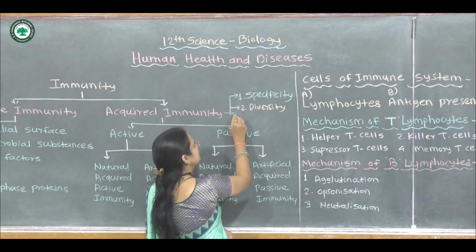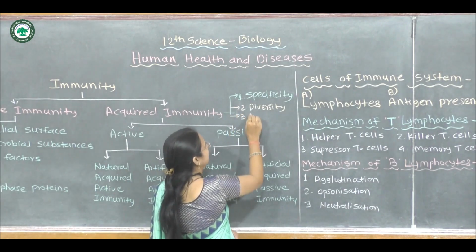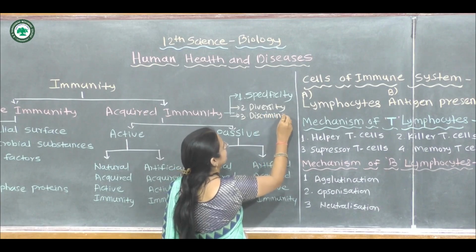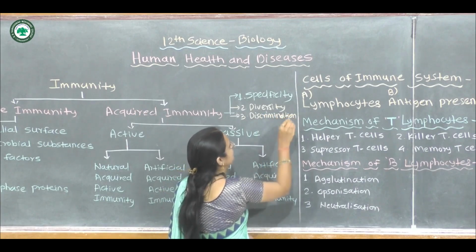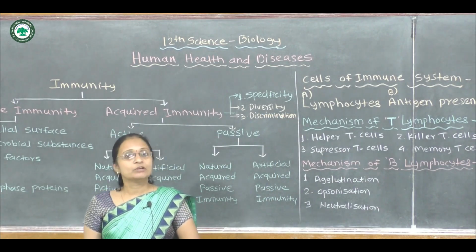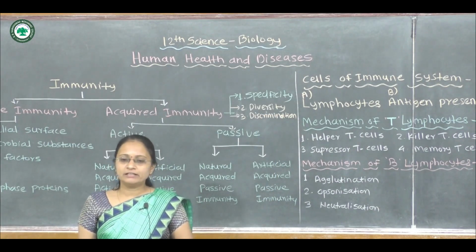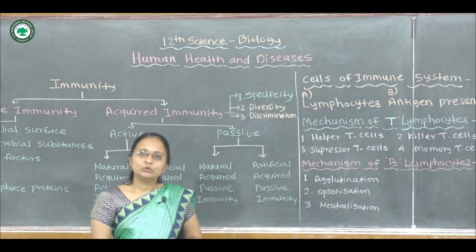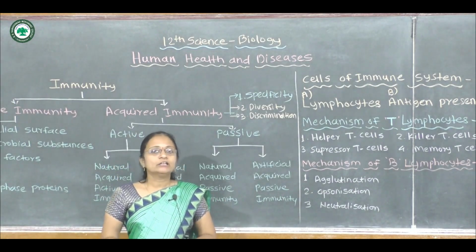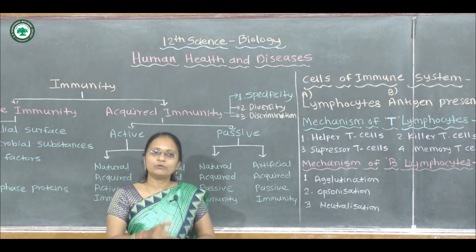Then the third is discrimination. This is discrimination between self and non-self, meaning the cell has the capacity to identify our own body cells and to identify foreign particles or foreign cells.